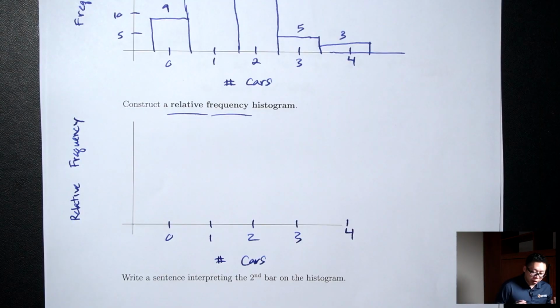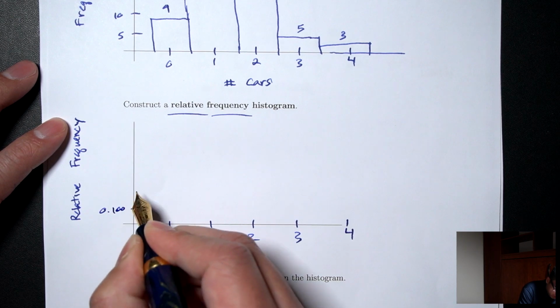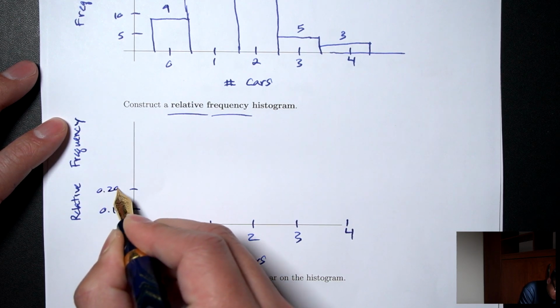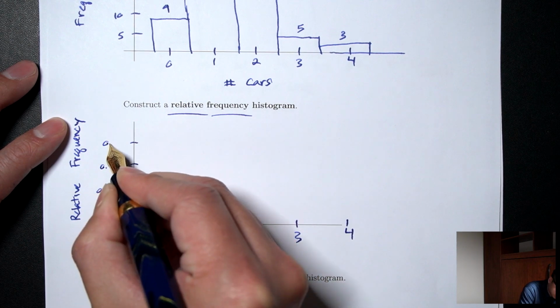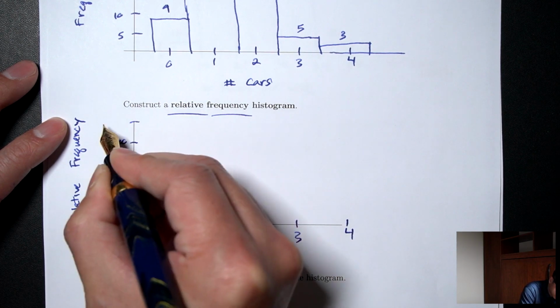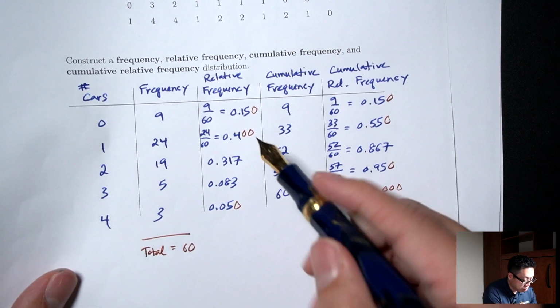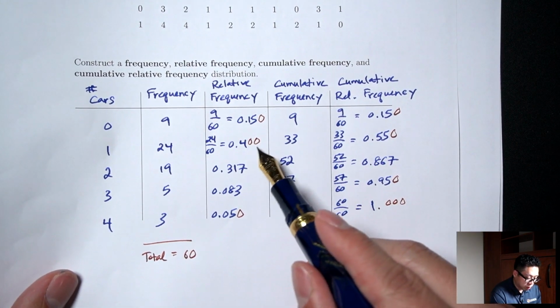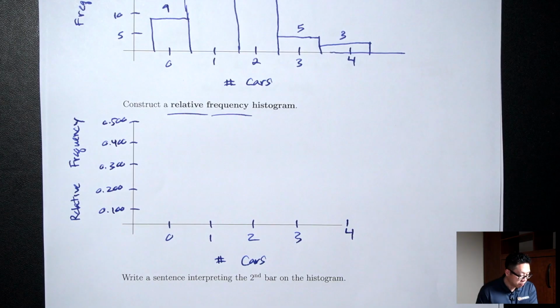The way I number relative frequency is the same in all cases. I'm just going to go by 0.100, 0.200, 0.300, 0.400, 0.500, and so on. And I need to go up to 0.400. So I think I'm good.